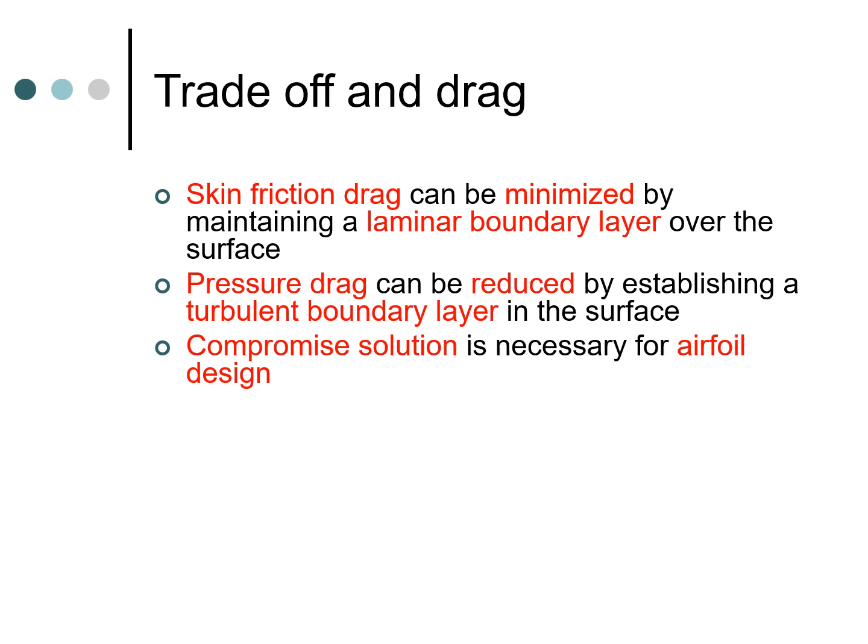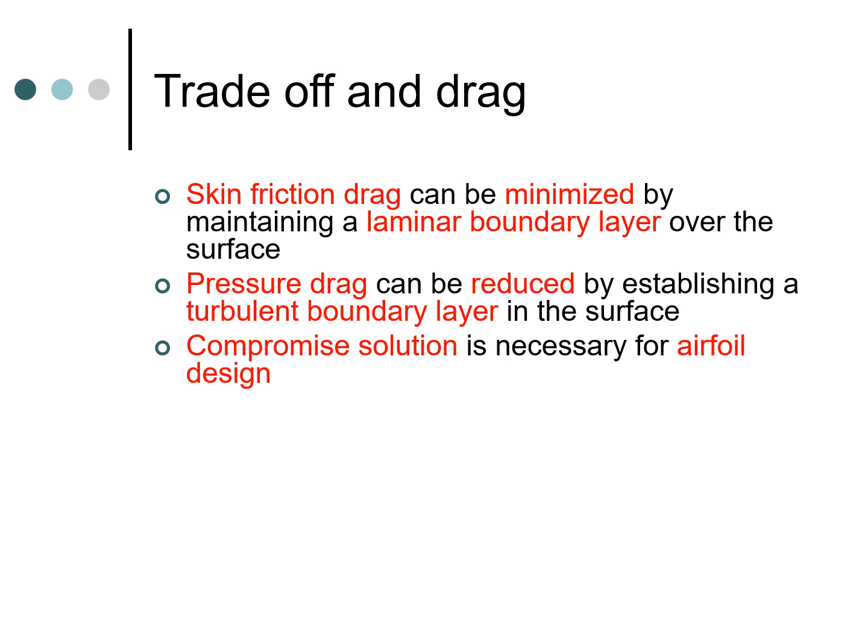If we want to minimize skin friction drag, then we need to maintain a laminar boundary layer, because remember that skin friction drag comes from the shear stress tau, and that comes from dv/dy at the surface, so essentially at y equal to 0. Skin friction drag will always be minimized by maintaining a laminar boundary layer.